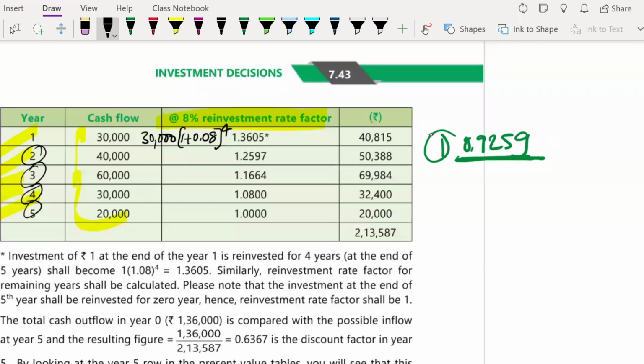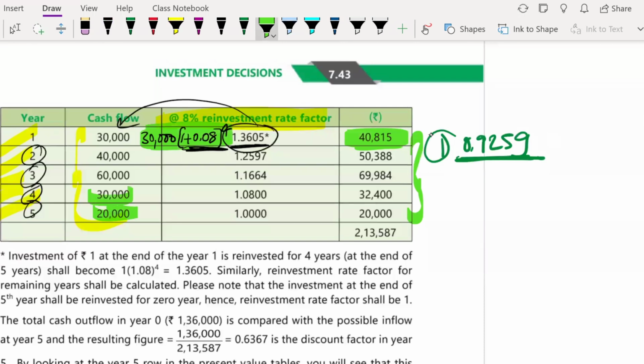This is how you find it out. 1 plus 0.08 to the power 4 is 1.3605. If you multiply this with 30,000, directly 30,000 multiplied by 1 plus 0.08 to the power 4, you will get 40,815. The same way you will do for everything.